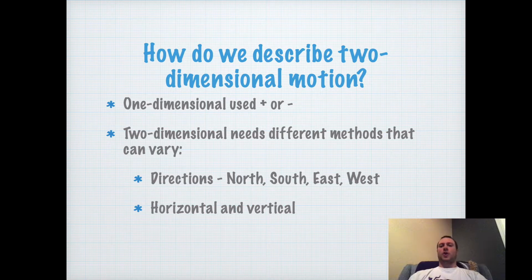Now, using cardinal directions, distinguishing between horizontal and vertical motion, distinguishing between forward and backwards or left and right, those sorts of things now really need to happen. Mathematically, it's still going to come down to what we define as the positive direction and what we define as the negative direction, but that needs to become very specific based on how we determine which way an object is moving.